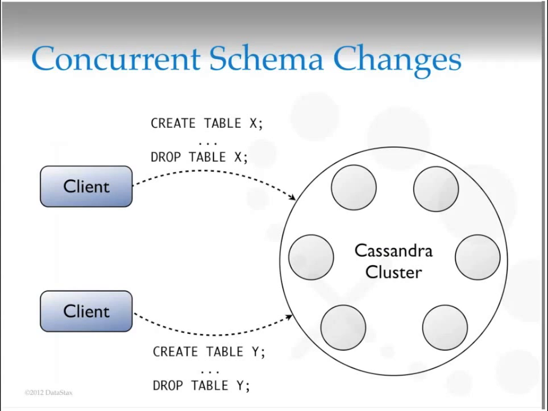So you could alter them, you could add columns, you could add indexes, and so forth. You can do that in parallel in 1.1, but not the actual creation of the table definition itself.